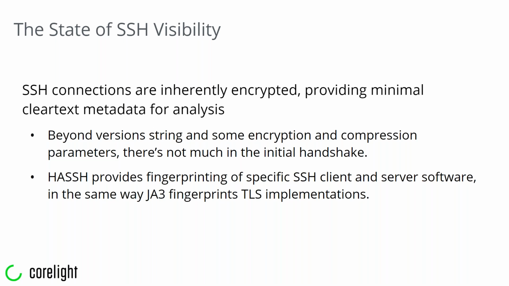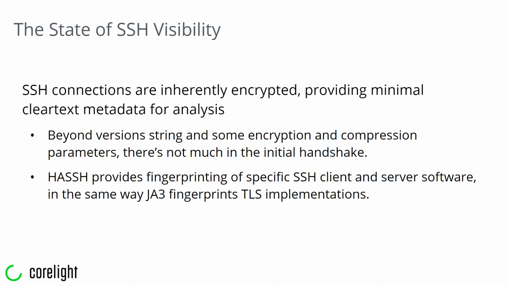For example, as part of the initial SSH handshake, you'll see version strings that are sent between client and server. So I will have potentially operating system or the client software and version information available. I also get some of the encryption and compression parameters, the algorithms that are being used. But beyond that, there's not a lot in the initial handshake.